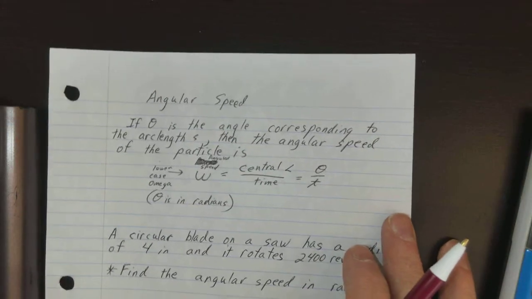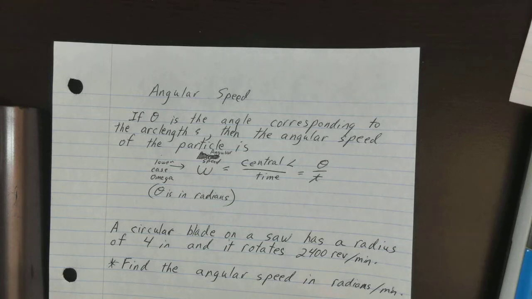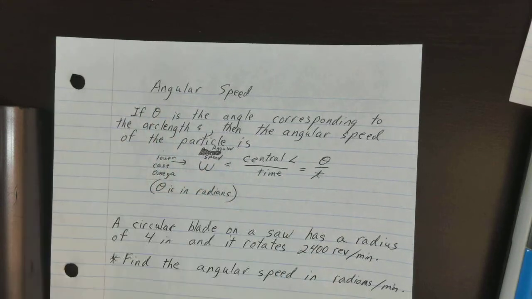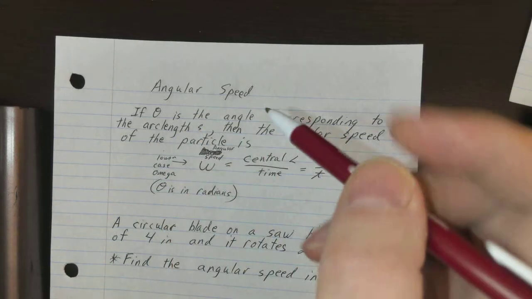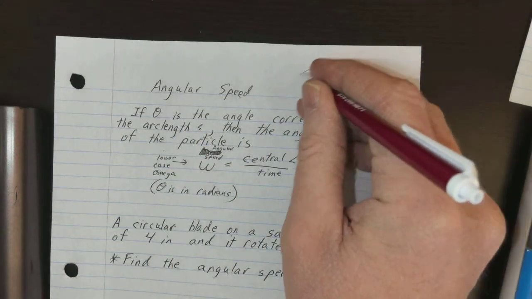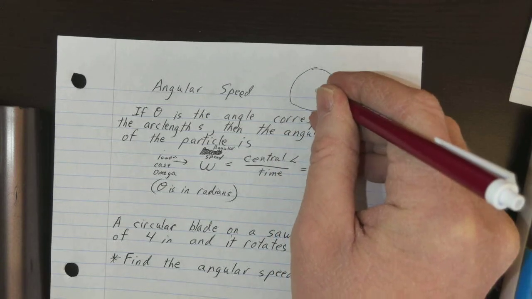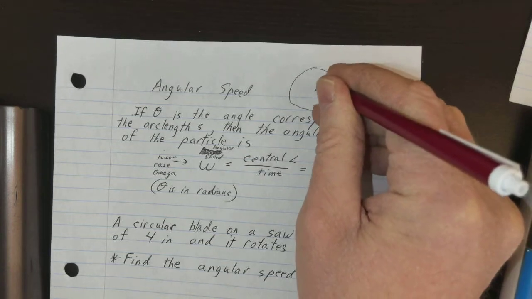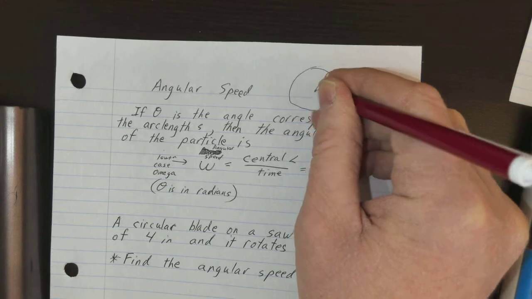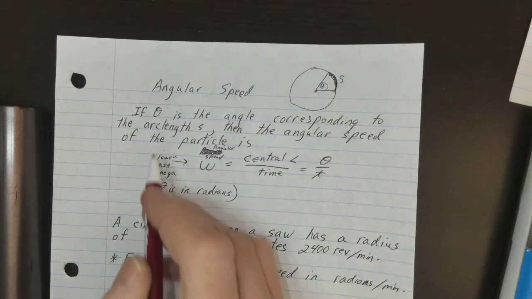Okay, I am now going to deal with angular speed, and we might even do another part with linear speed as well. For angular speed, if theta is the angle corresponding to the arc length s, so in other words, let's have a circle here. If I have this arc length s, theta is the angle from the center, the central angle that intercepts that arc.